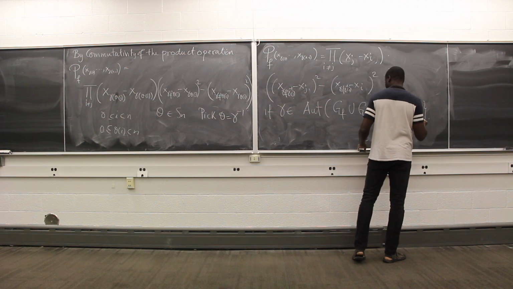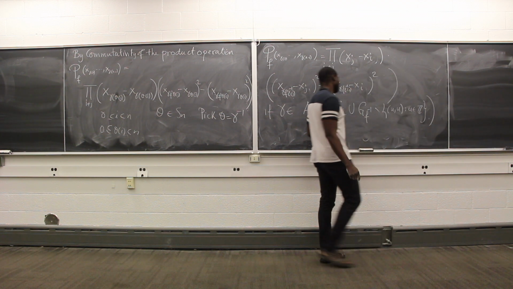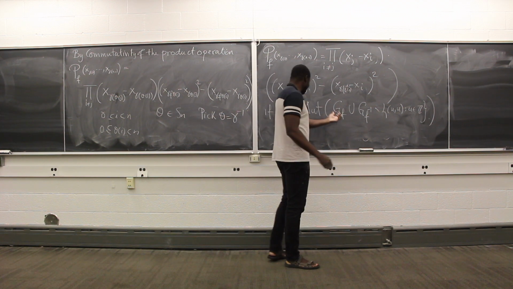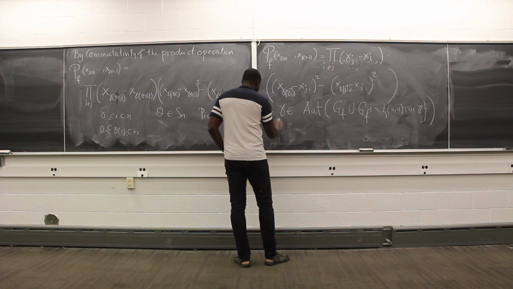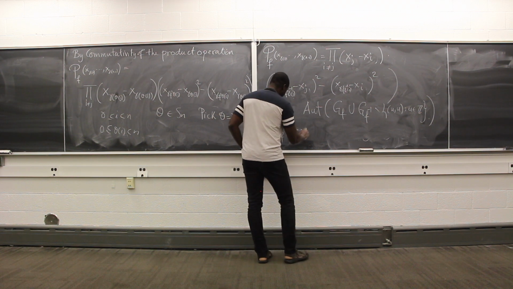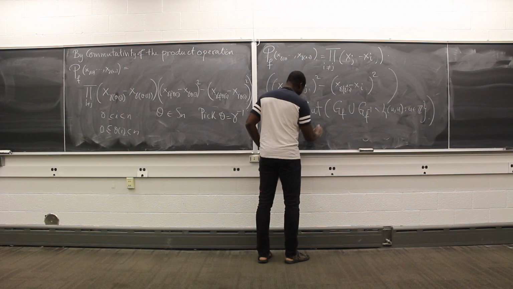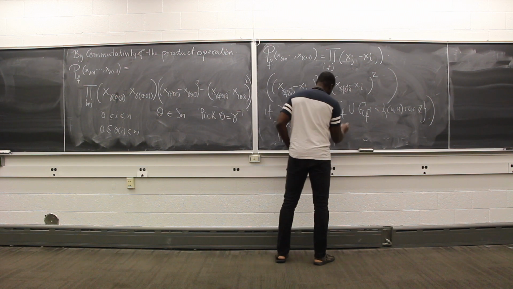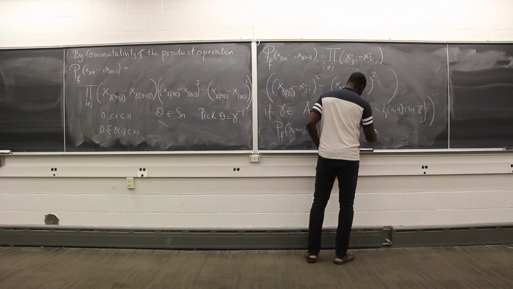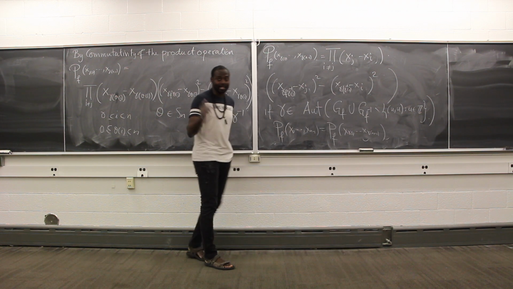And I'll say why in a second. So if you're in this group, then Pf of x0 through xn minus 1 is equal to Pf of x gamma 0 through x gamma n minus 1.